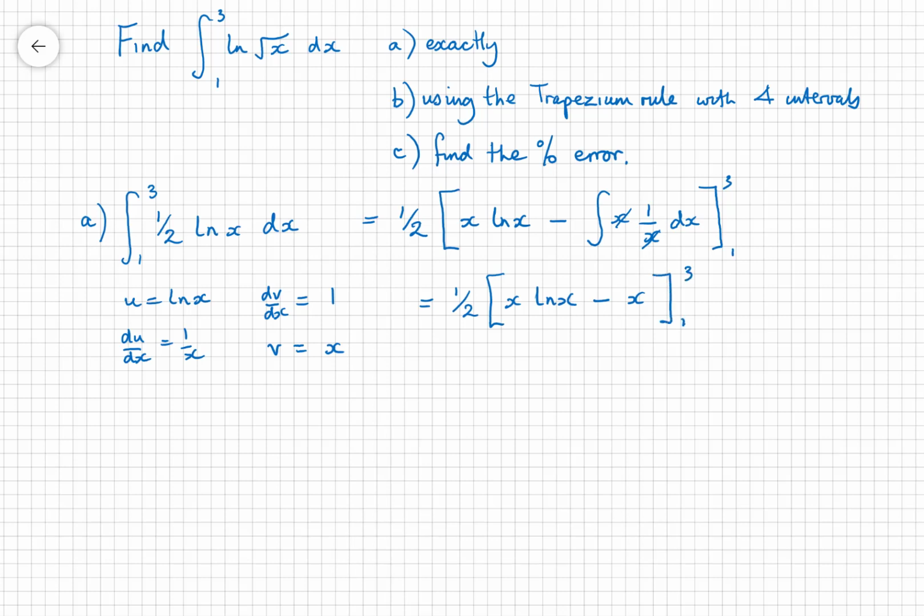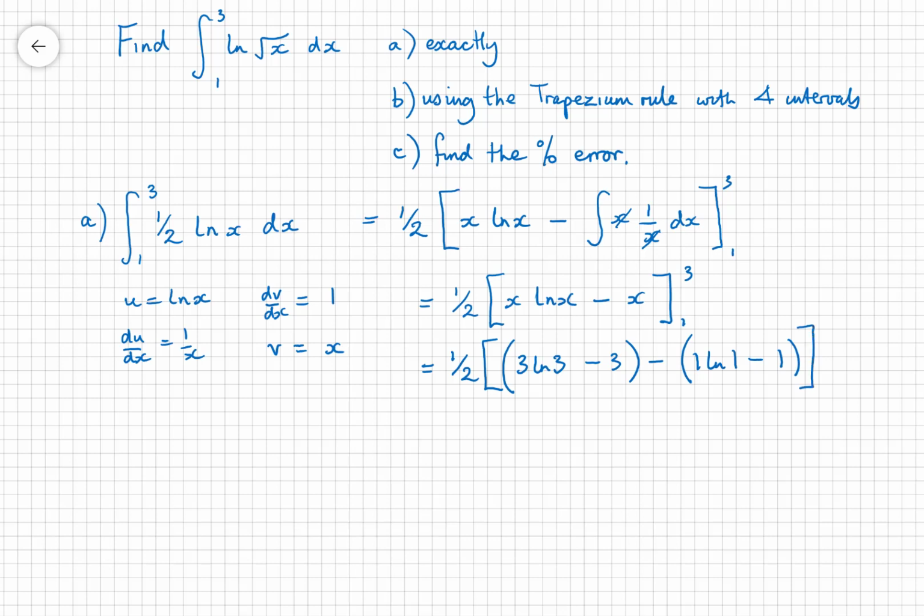So plugging in my two values, I'll have a half into 3 ln 3 minus 3, minus 1 ln 1 minus 1.